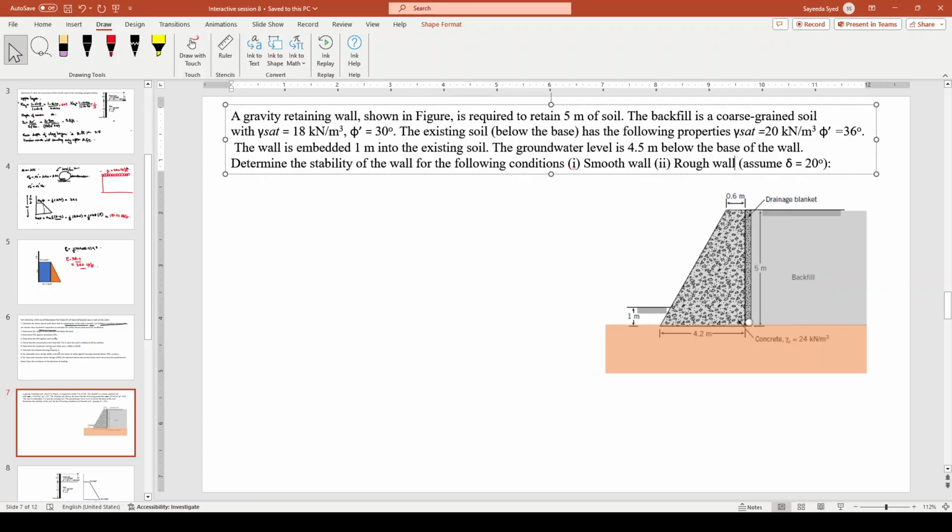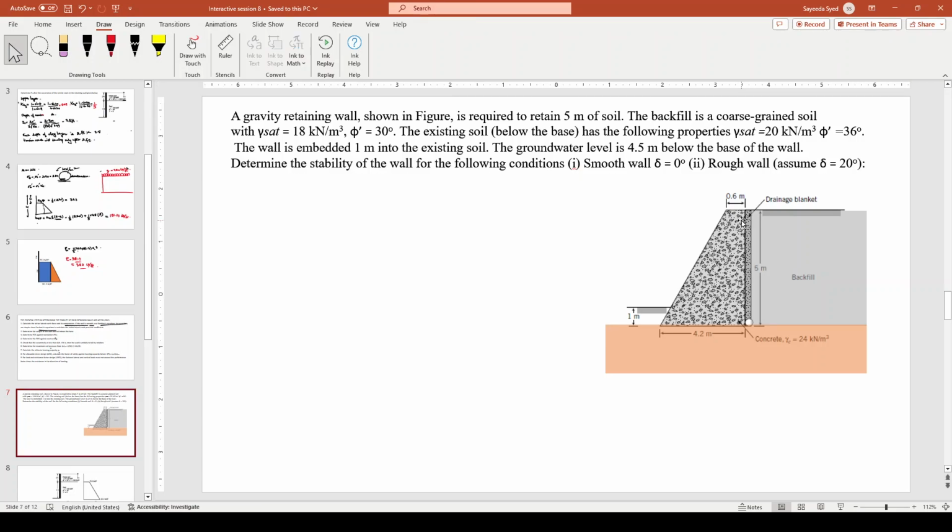Okay. So our first point only says that we use Rankine's equation if the wall is smooth and Coulomb's equation if the wall is rough. Then we determine the weight of the wall and the soil above the base. In this case, there is no soil above the base.